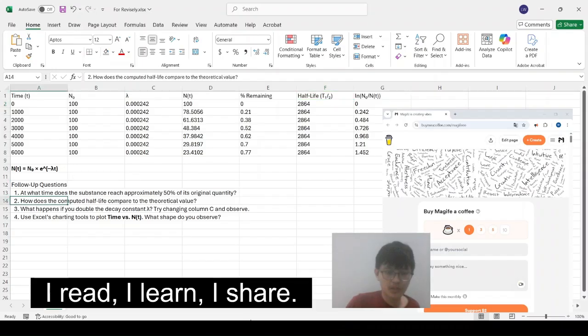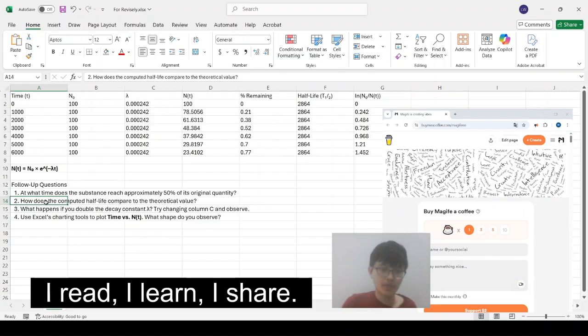Draw a chart. So how to answer question number 2. The unit of the time is the year.